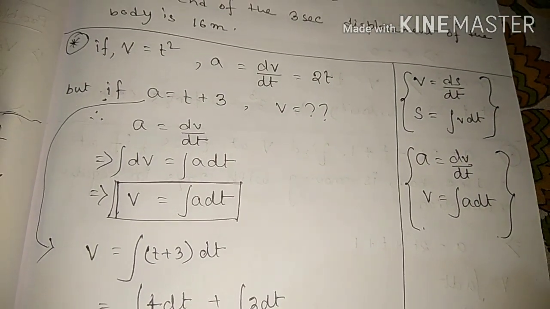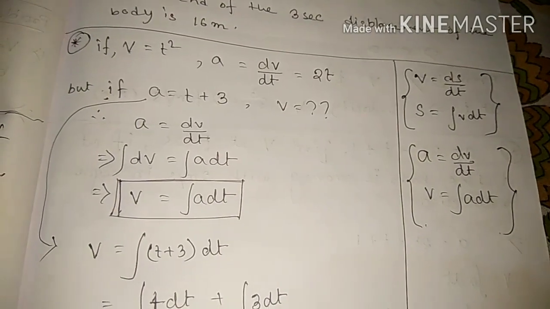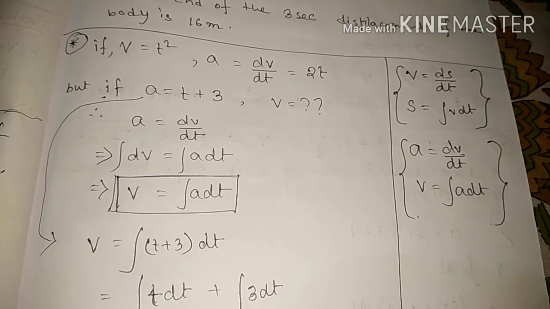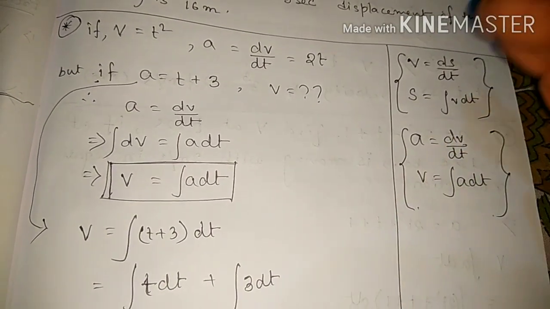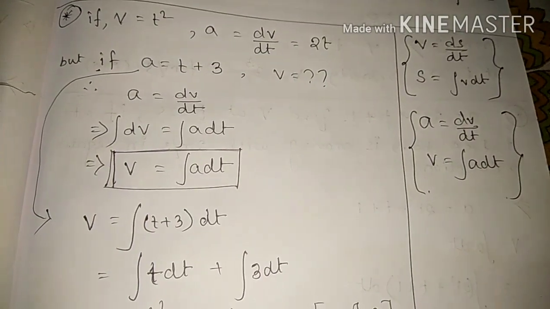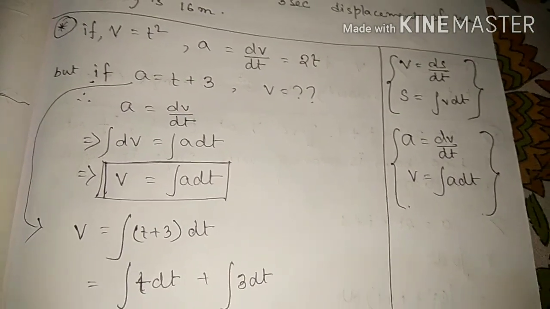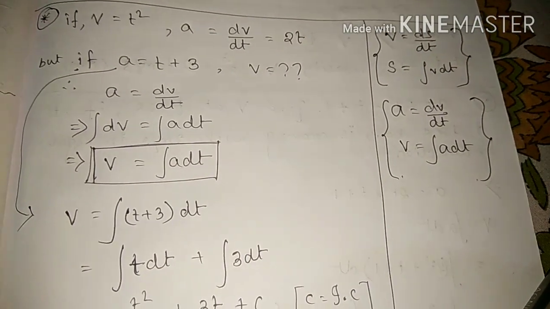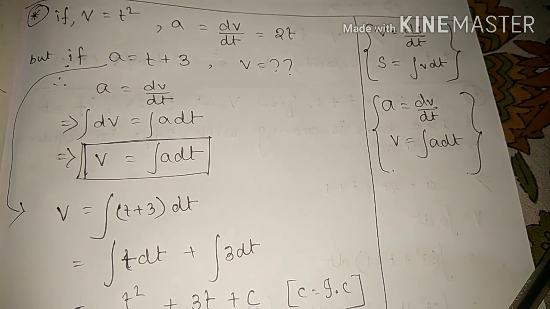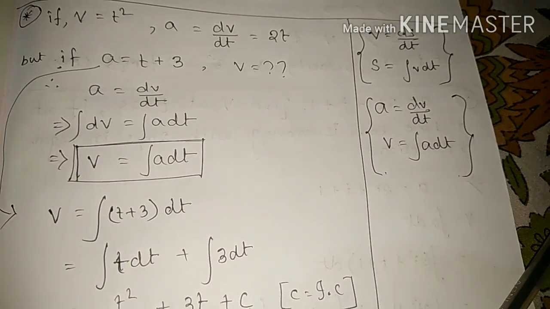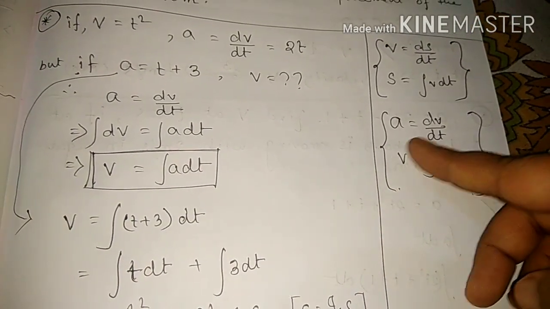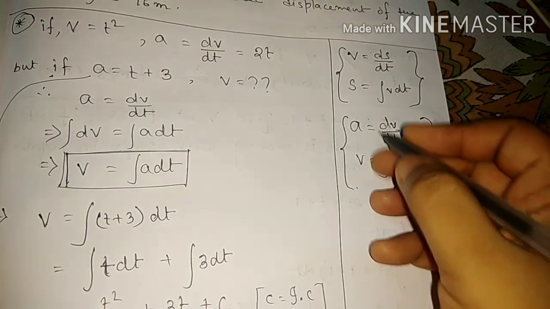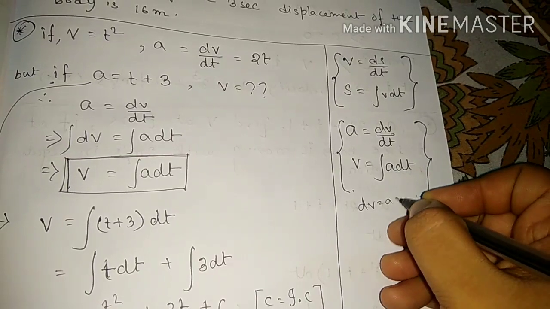Clear? Velocity from displacement, differentiation. Displacement from velocity, integration. Same way here also: acceleration from velocity, differentiation. Velocity from acceleration, integration. So v equals integration of a dt, because from this equation we can write dv equals a into dt.